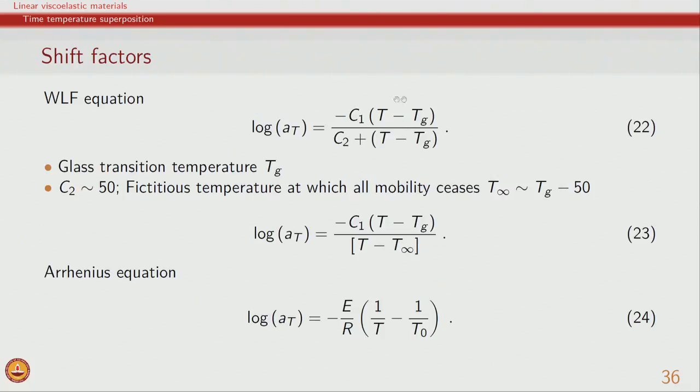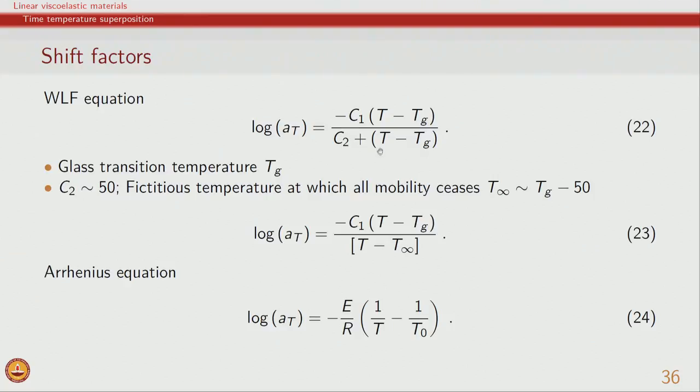So, in one case the shift factor depends on two coefficients, C1 and C2, and it is a function of how far away from the glass transition temperature you are. Initially it was thought that these were universal coefficients, and many of the C2s were around 50.